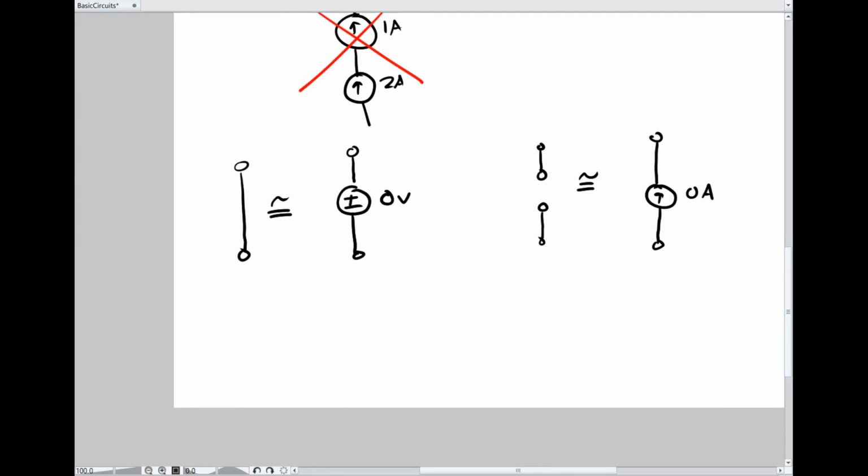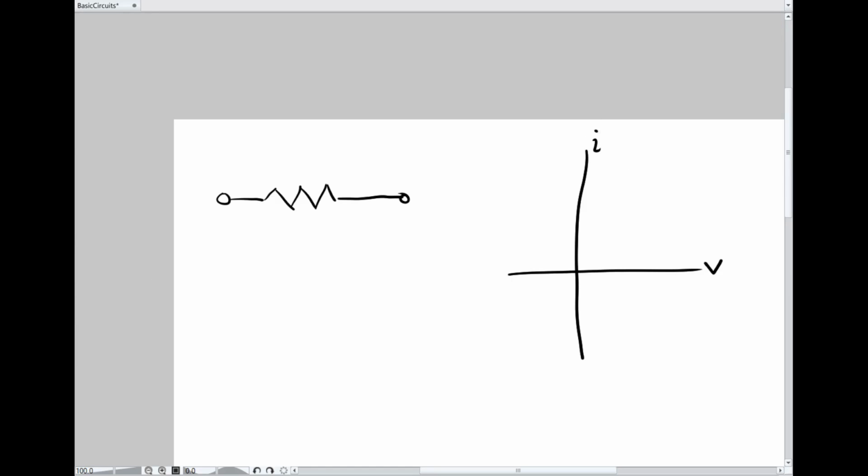Next circuit component will be a resistor. So, a resistor is some device where the voltage and the current are linearly related once more, but their relationship is a line that goes through the origin, so that if you have 0 amps, then you have 0 volts, and vice versa.